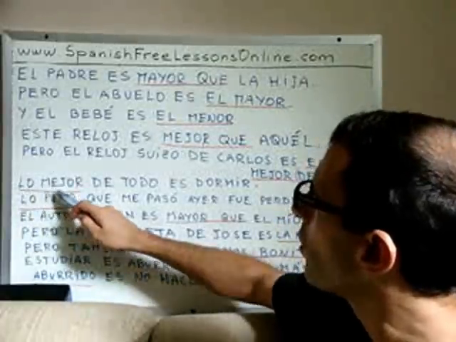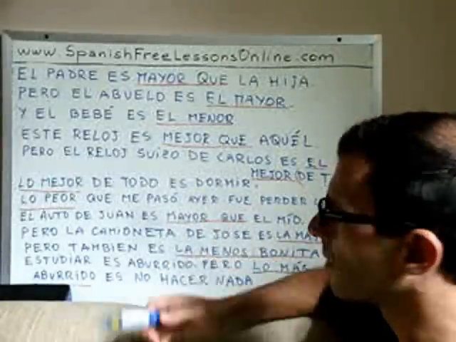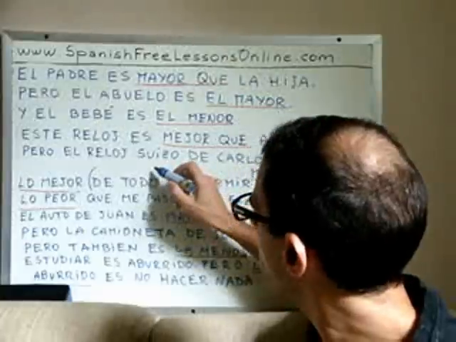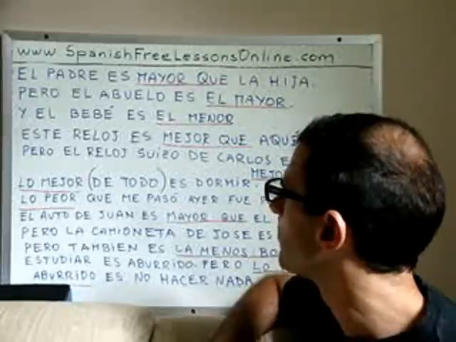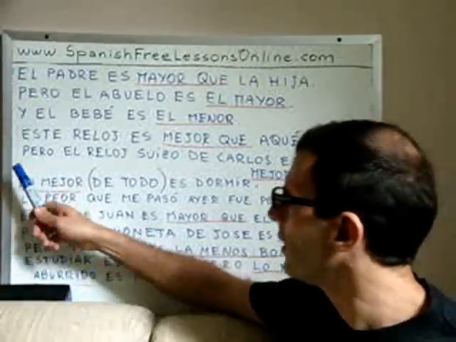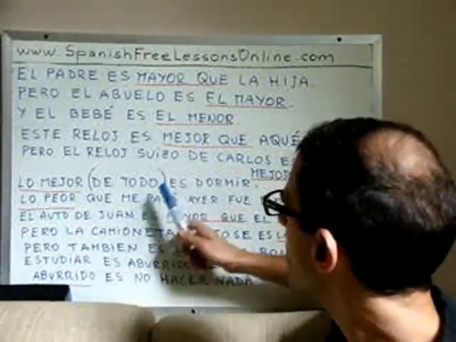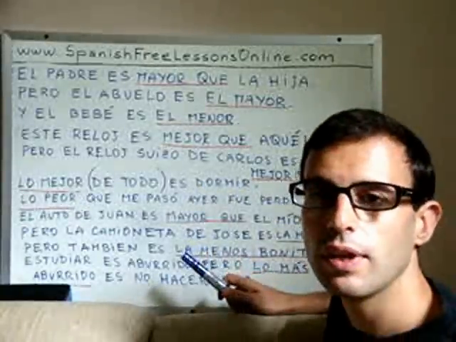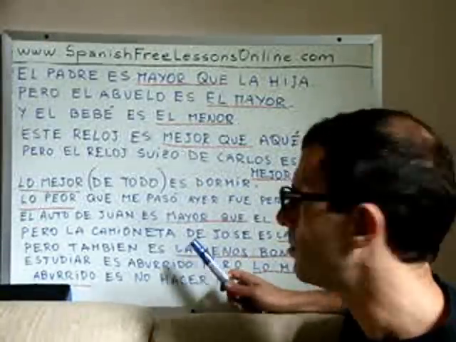Lo mejor de todo es dormir. De todo is a redundancy, right? Just to make it more clear. This is, the best, or the best of all, is to sleep. Dormir is the infinitive verb to sleep.